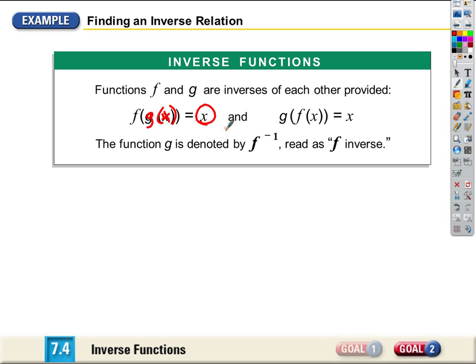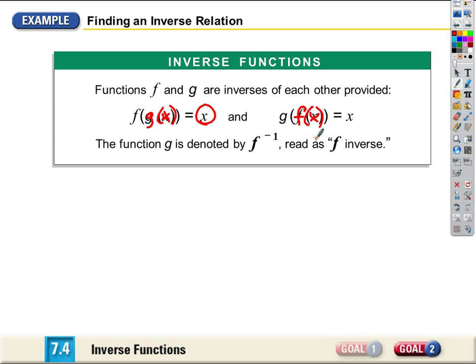In other words, f has to undo g. And vice versa. If I put f of x inside g, I'm taking g of f of x, that also has to give back x. If both of those things happen, then they're inverses of each other.